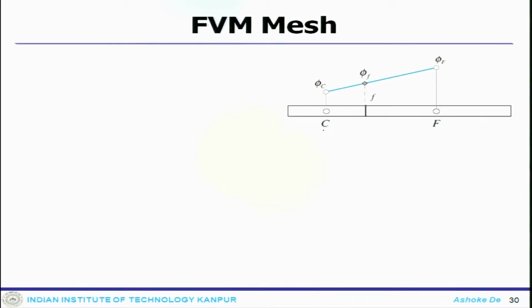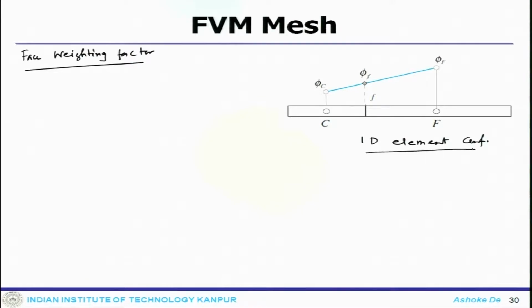Now, another thing which is very important is the face weighting factor. This is what we have used when we have taken the weighted average. This is a 1D element configuration. We just write it for any arbitrary variable phi.